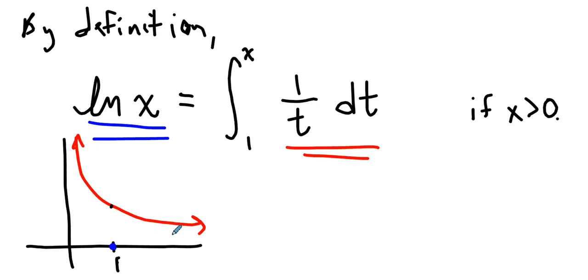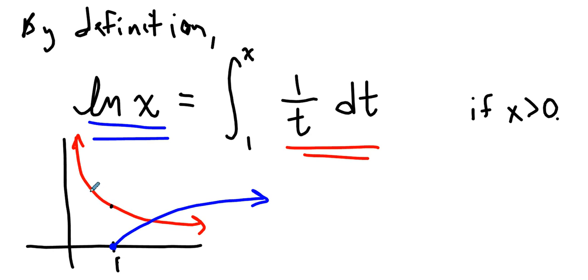We're getting more and more positive area under the red function, but how fast that area is increasing is decreasing, because this red function is decreasing. So what does that mean for the log function? That means that the log function is increasing, but it's concave down. We're increasing because the area is increasing, but we're increasing in a decreasing way because the red function is decreasing.